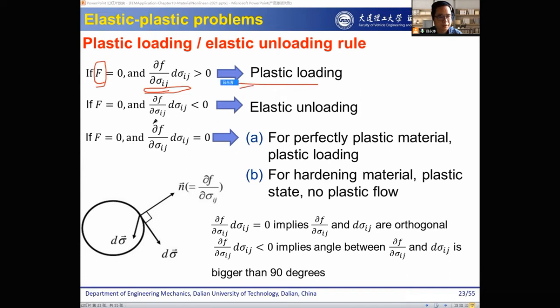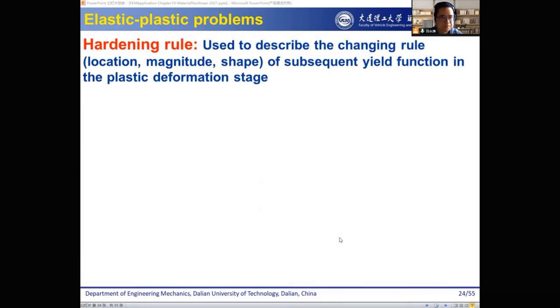On the contrary, if the value of those variables is smaller than 0, then we say the material is doing elastic unloading. And if they equal 0, we have two scenarios. First, for the perfectly plastic material, it is doing plastic loading. And for the hardening material, it is in a plastic state with no plastic flow. Okay, so these are the rules. This is not important. It's only for you to understand and know.